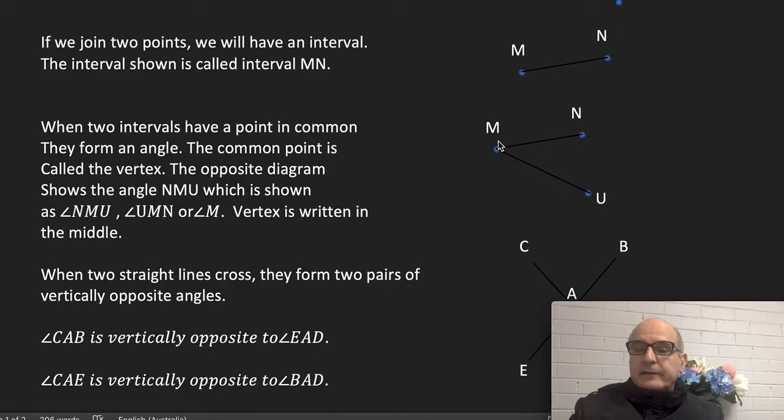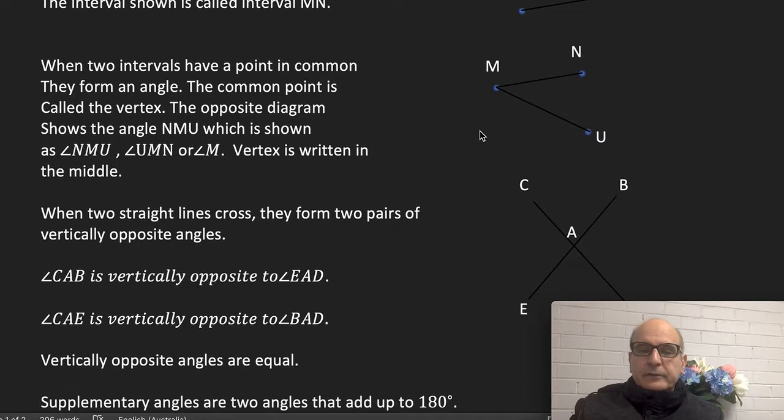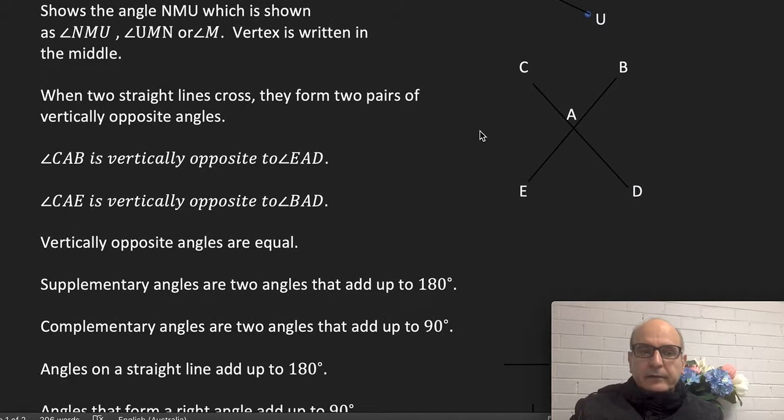Remember, the vertex or the corner has to always be in the middle. So I can call it angle NMU, or I can call it angle UMN. In both cases, as you can see, M is in the middle. Only we switch the places of N and U. So three ways of naming one angle.